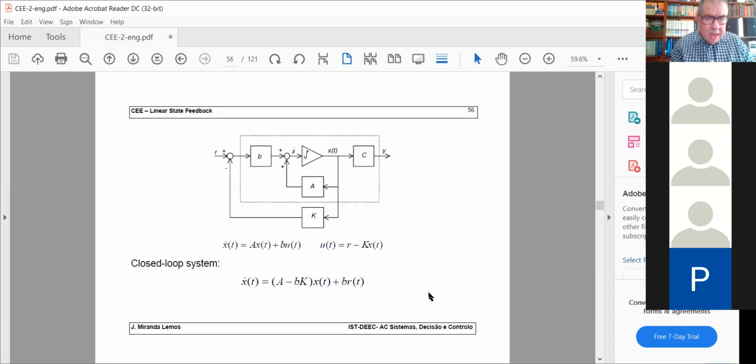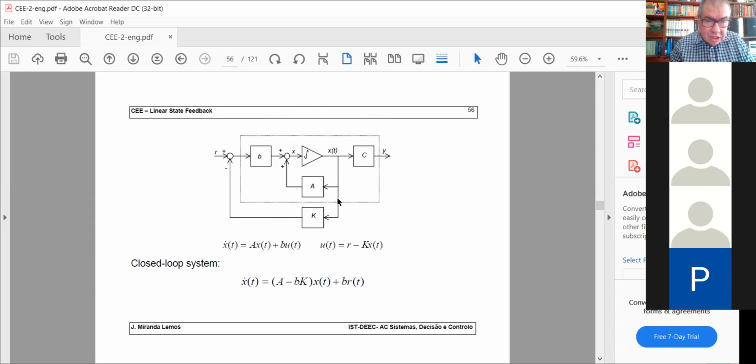Let's see a block diagram. So you have your plant, okay? This dotted square represents your plant. And your model for your plant is the state model. Now you assume you measure the state and you do a feedback of the state. So inside the dotted square, this is a physical system that you have.